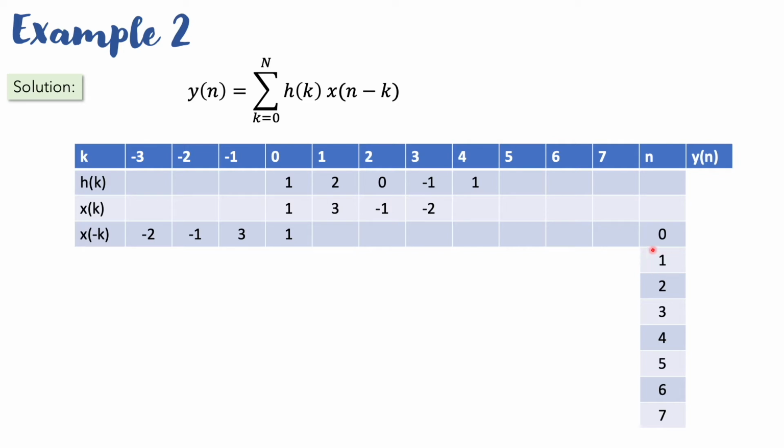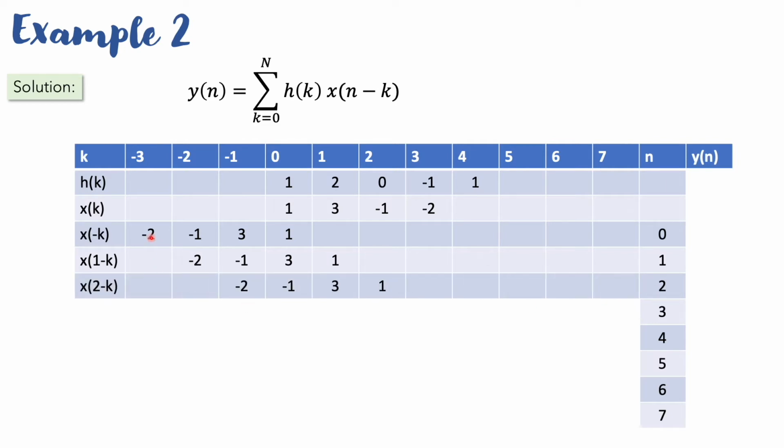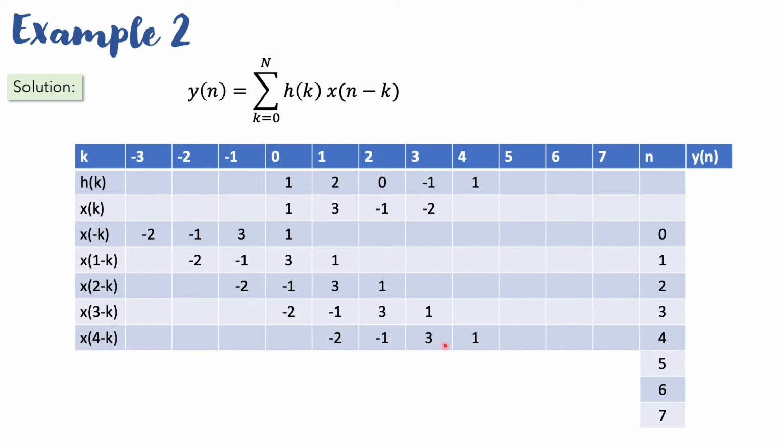For the next sample, sample number 1 in yn, we will shift this sequence x minus k by 1. How can we shift it? Simply like this. We push the whole sequence towards the right by one step. Now for 2, we will shift it one more step. So this is shifted by 0, shifted by 1, shifted by 2, shifted by 3, and 4, and 5, and 6.